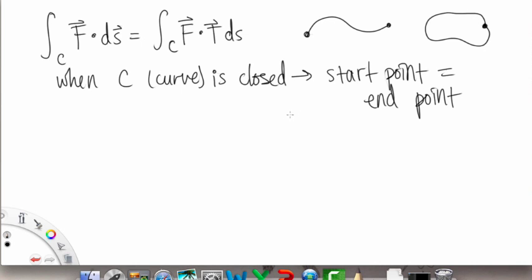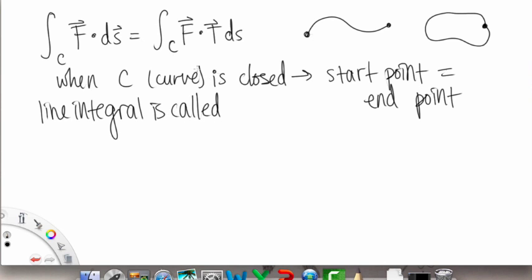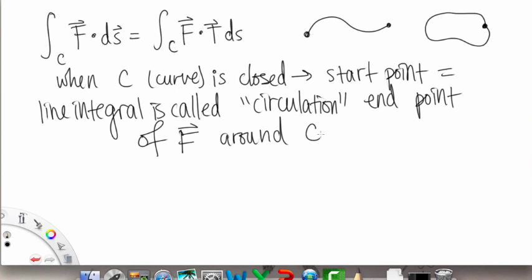So when this happens, the line integral is called the circulation of F, your vector field, around C, your curve.